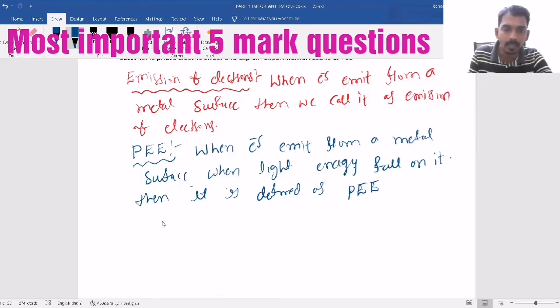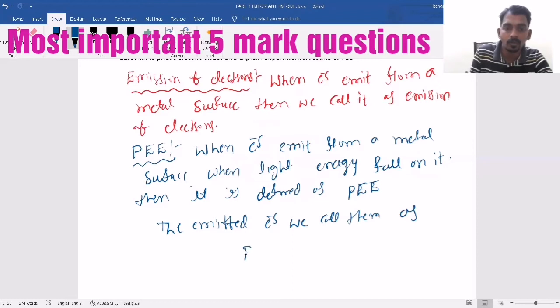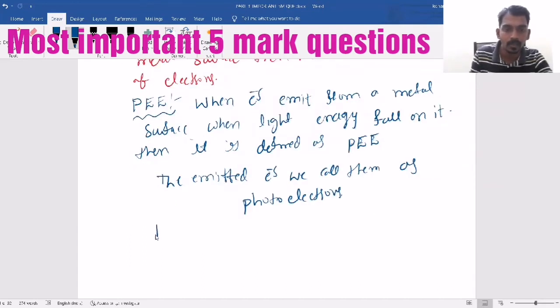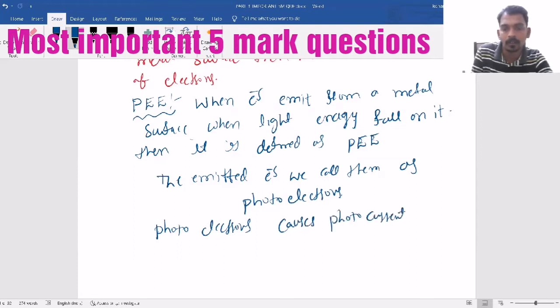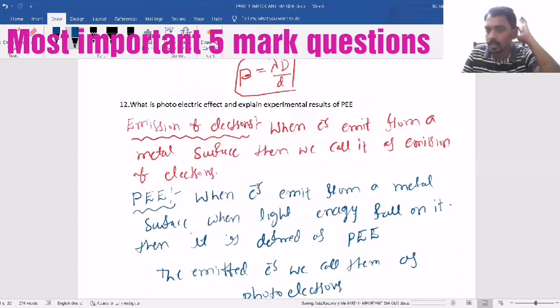Now, also you have to mention that the emitted electrons we call photoelectrons, and also mention that photoelectrons cause photocurrent. So that is the definition of the photoelectric effect.